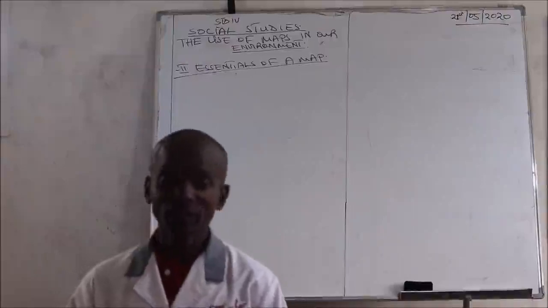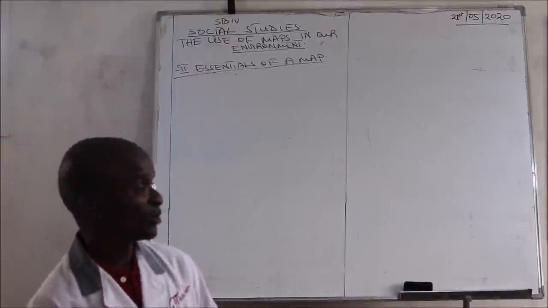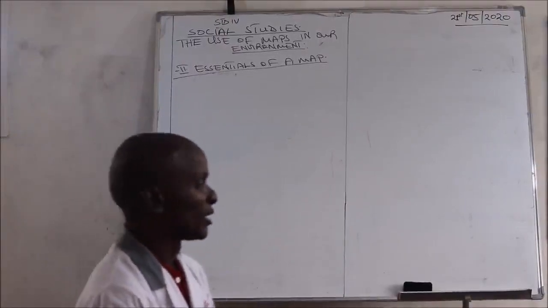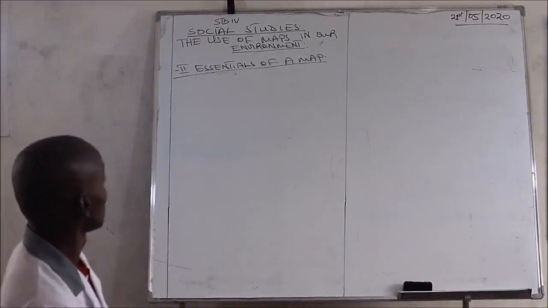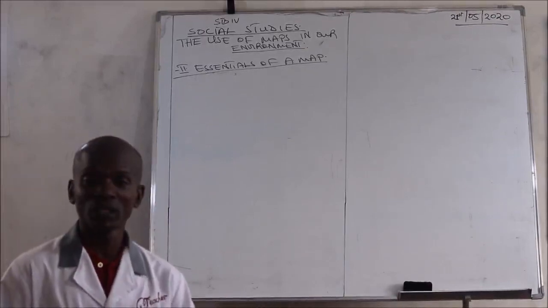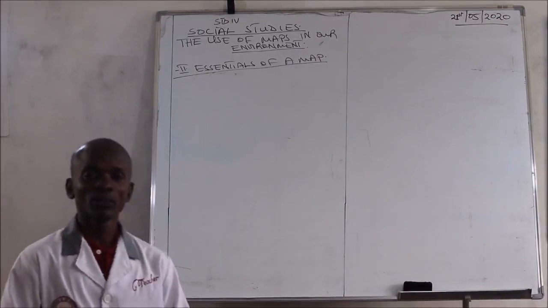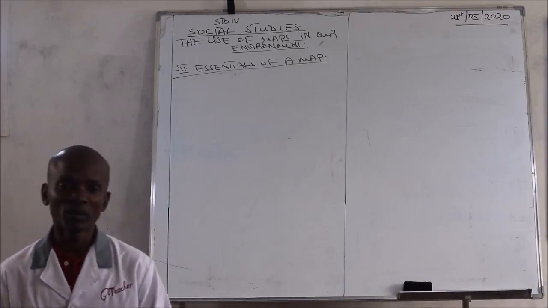This is Teacher Manuel, ready to present social studies. This is a continuation of what we ended last time. I remember last time we were discussing the main competence known as the use of maps in our environment. We discussed the meaning of a map, and the things to consider when drawing a map.